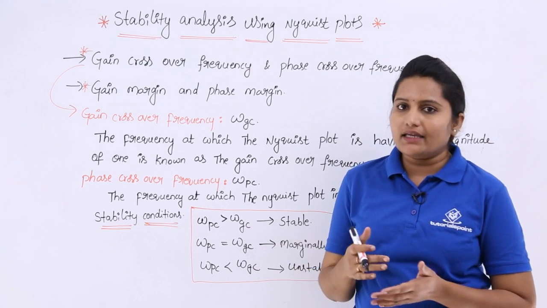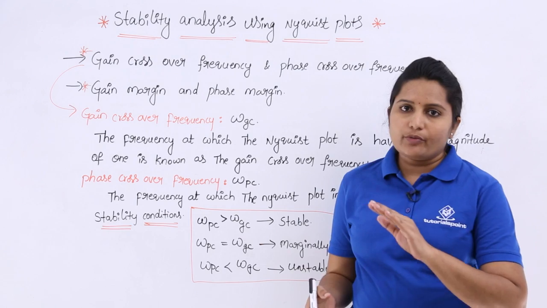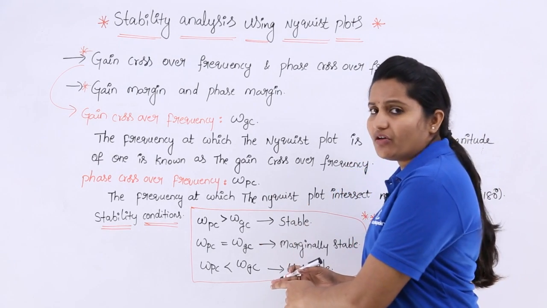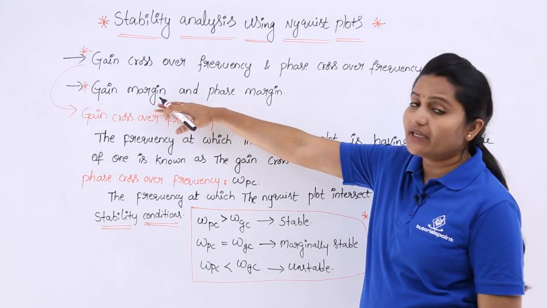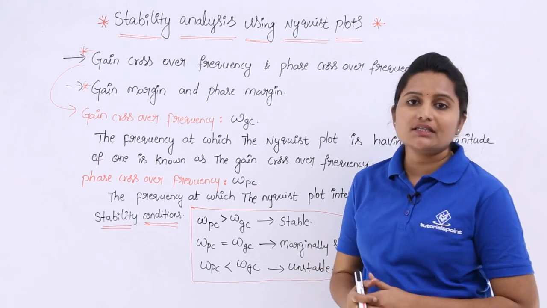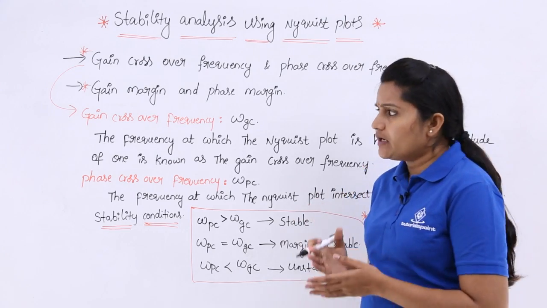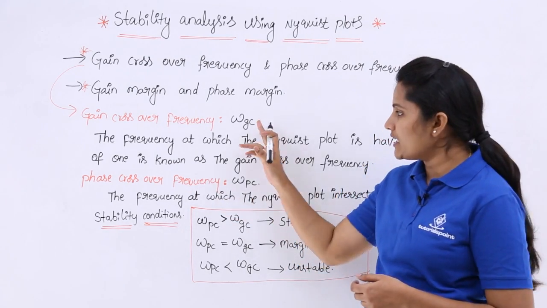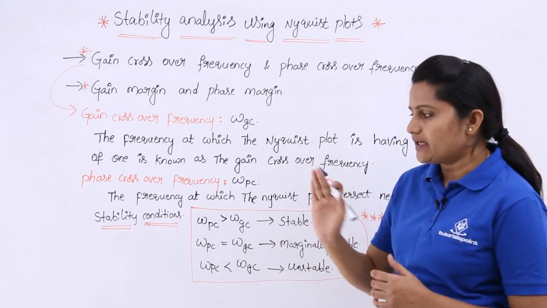Problems may be given on the critical point, on poles, on gain crossover and phase crossover frequencies, or on gain margin and phase margin to ensure the stability of the system. For example, if you are given the gain crossover frequency and phase crossover frequency, omega Gc and omega Pc, then the stability analysis will be like this.